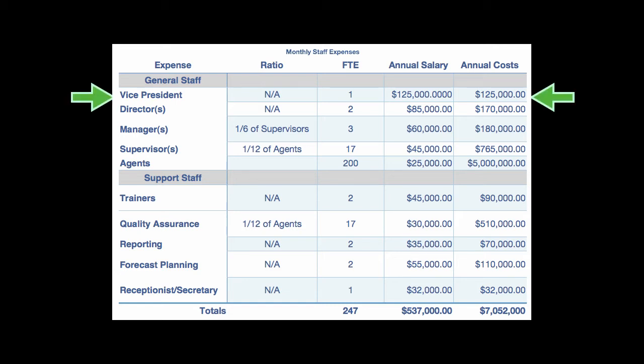Vice President, this is someone who is probably Vice President of Customer Care, Vice President of Contact Center Operations, that kind of role. And reporting to them will be a director or a few directors and managers.